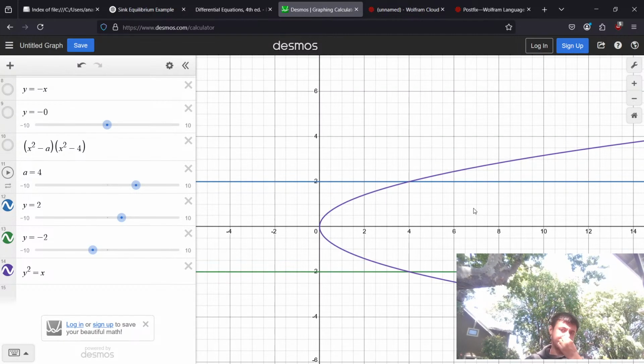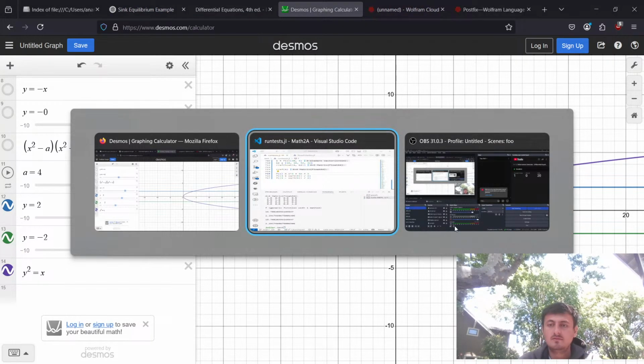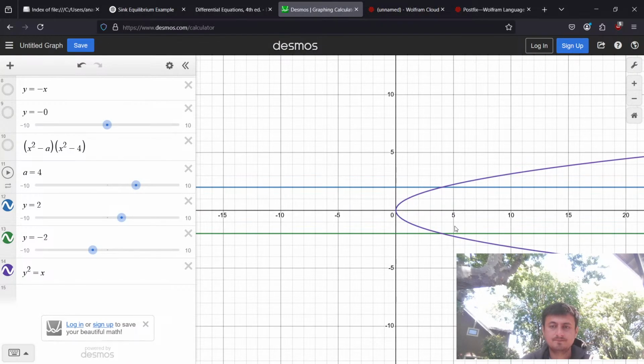Okay, cool. So this is the bifurcation plot. This is the whole thing. And it can cross. Wow. That's insane. Trajectories can't cross, but our bifurcation plot solutions can.